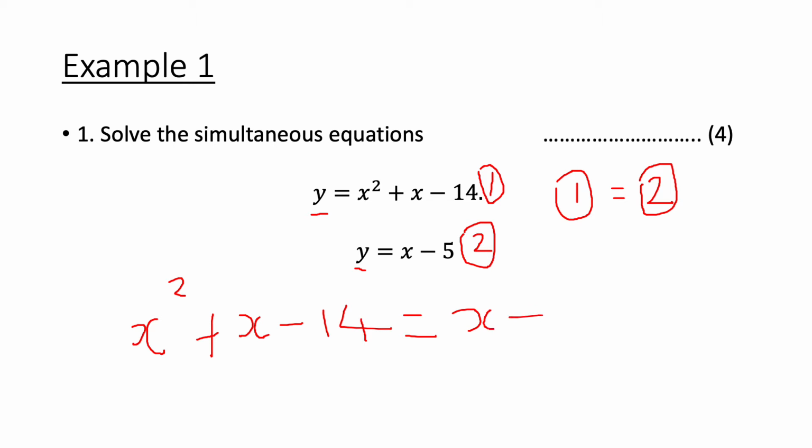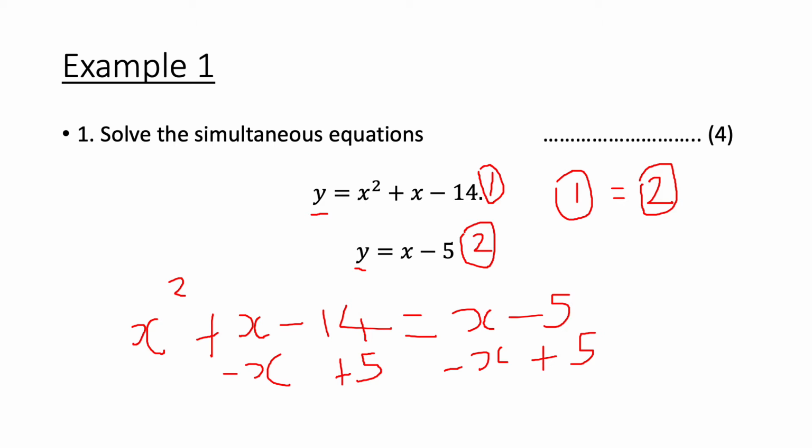When I solve this, it's essentially where this line intersects this quadratic graph. So solving this, I'm going to subtract x on both sides and add 5 to both sides.